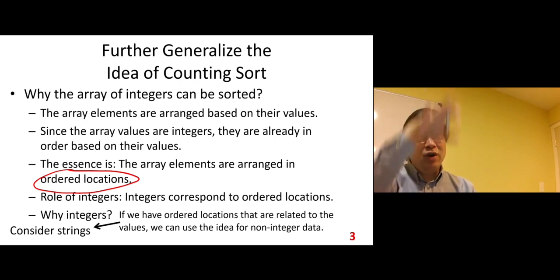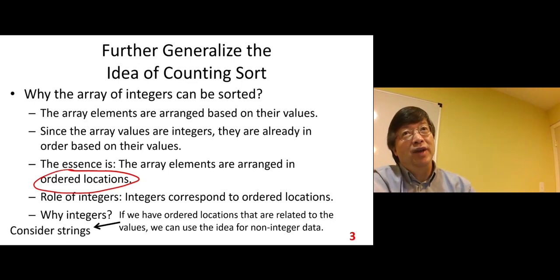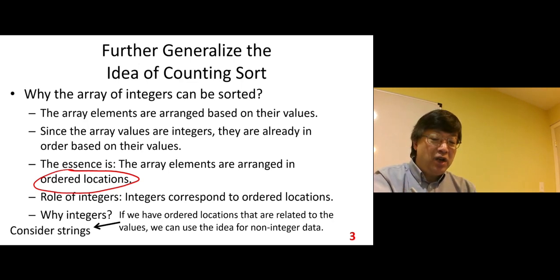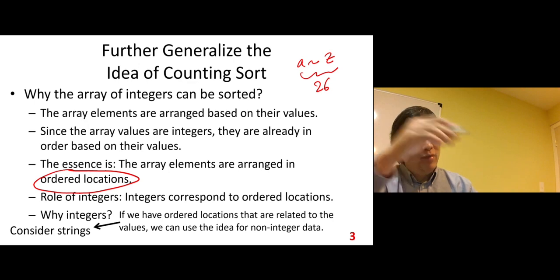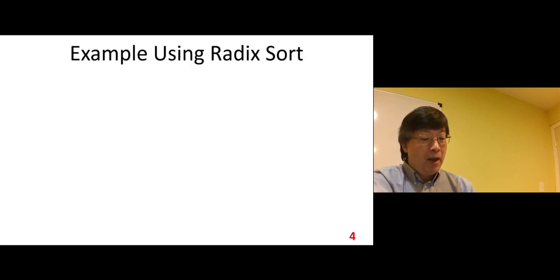We can apply radix sort on strings, exactly the same idea. When we have strings, the concept of digit is slightly different. For English letters A through Z, you have 26 digits. If you have more characters, you have more digits, but you can use the same idea here. That's the generalization.